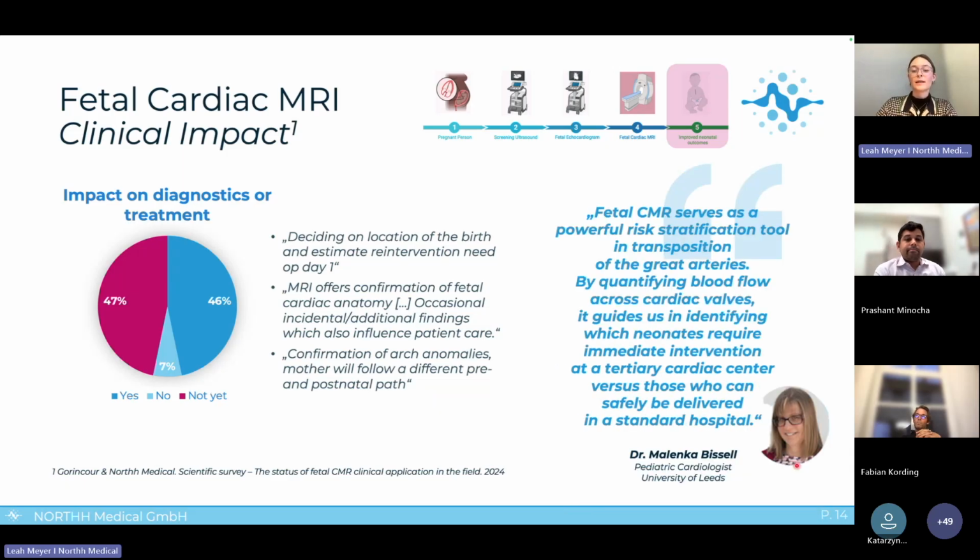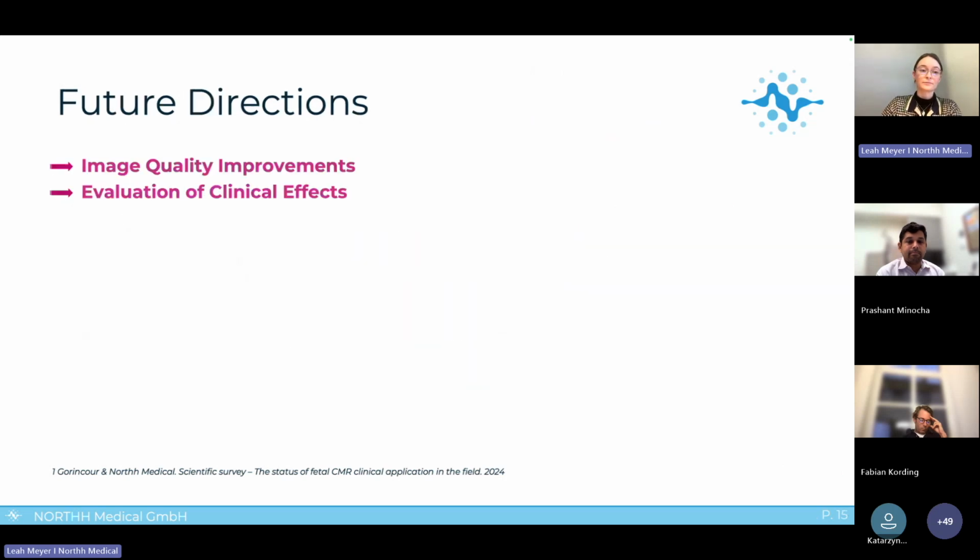And our user Malenka Bissell from the University of Leeds is also supporting the clinical impact of SmartSync, looking at the risk stratification in TGA, which helps to answer whether the baby needs to be delivered in a specialized clinic, and also what immediate postnatal care is needed.